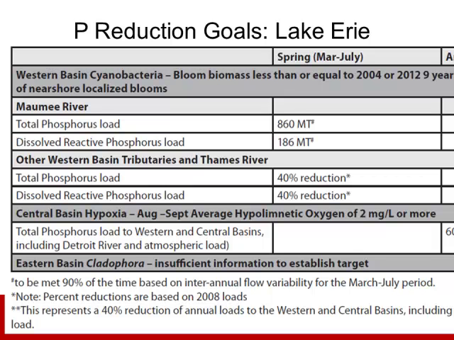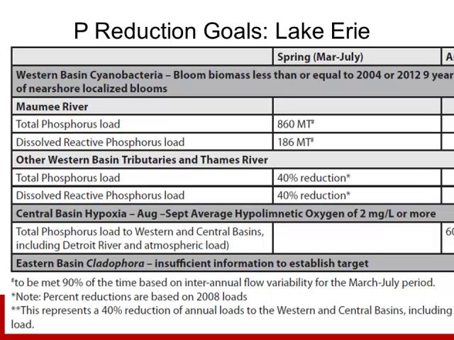For the dissolved reactive portion, the target is 186 metric tons. The values you see there are to be met 90% of the time, for both time-based and interannual flows.